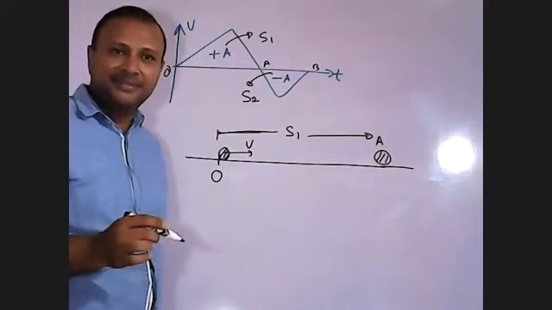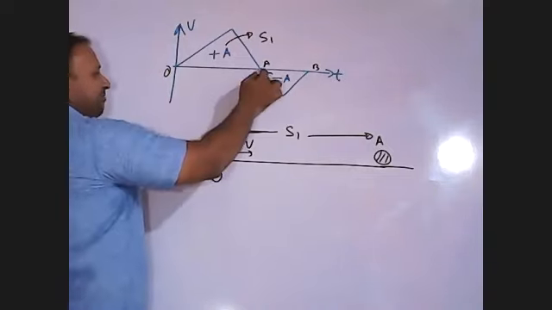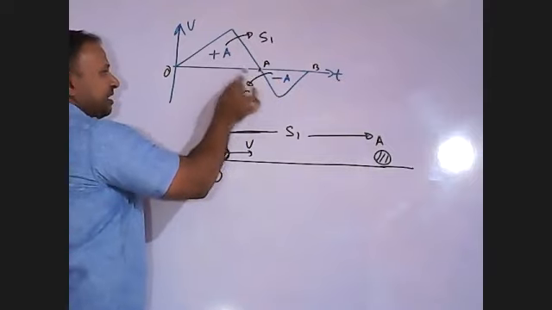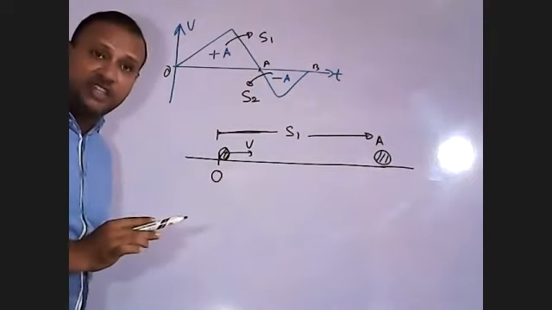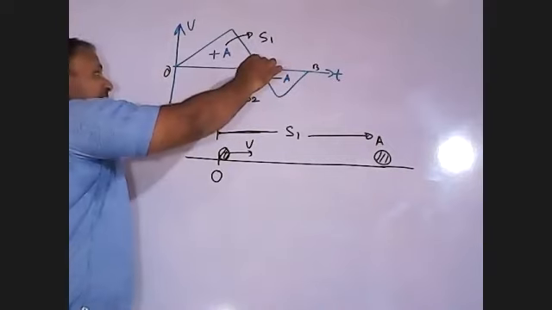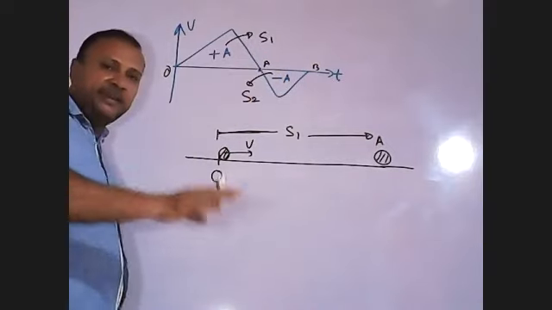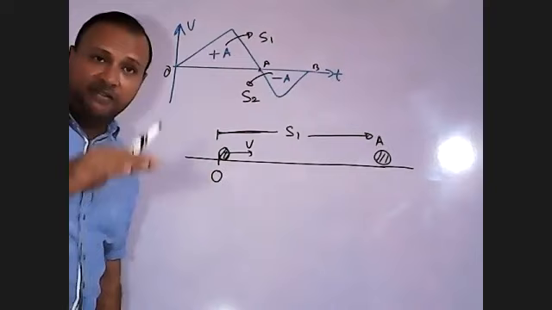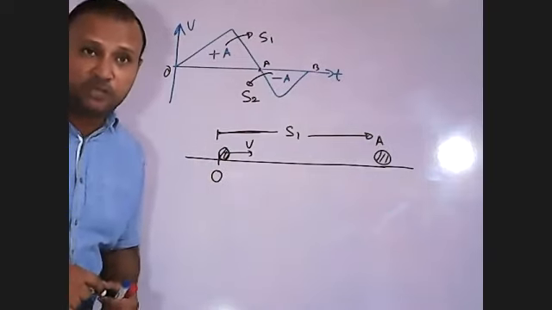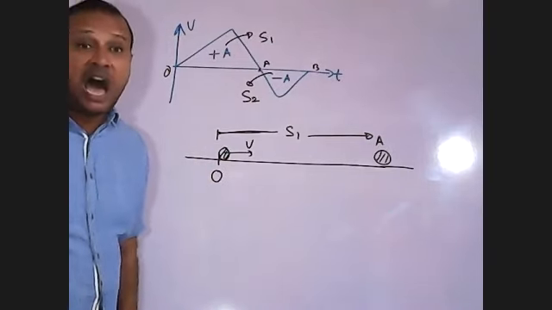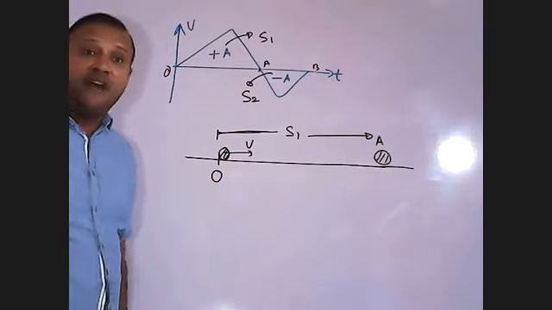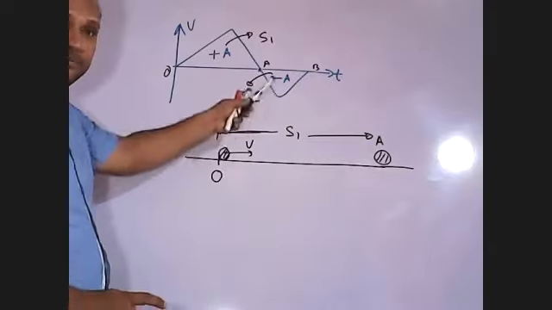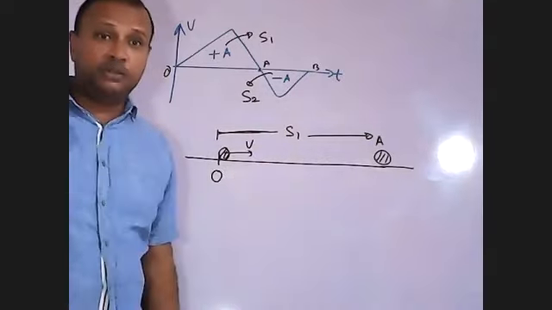The direction of velocity has changed. That means until point A, the velocity is positive. But after point A, the velocity is negative.